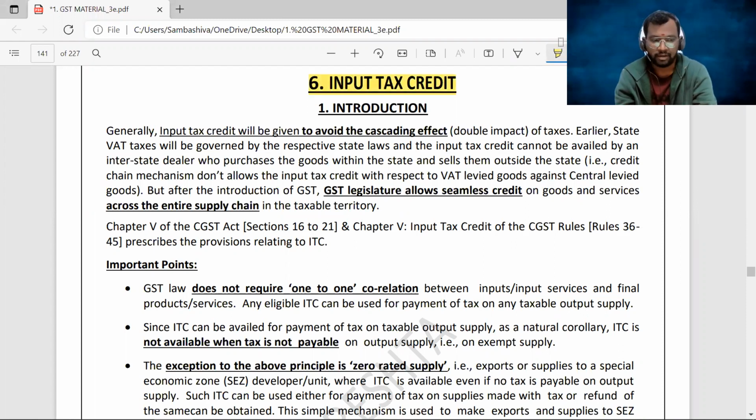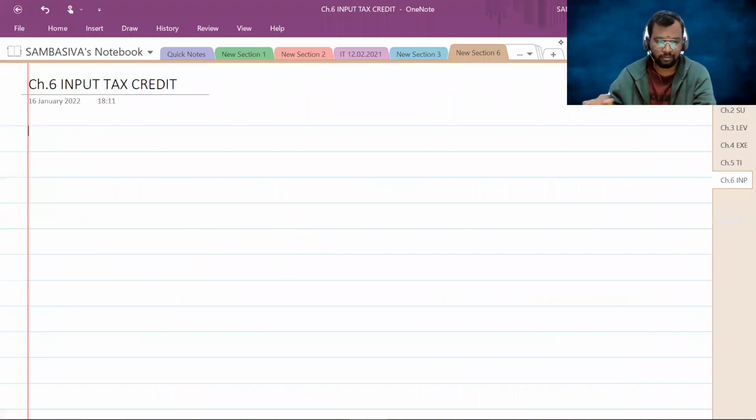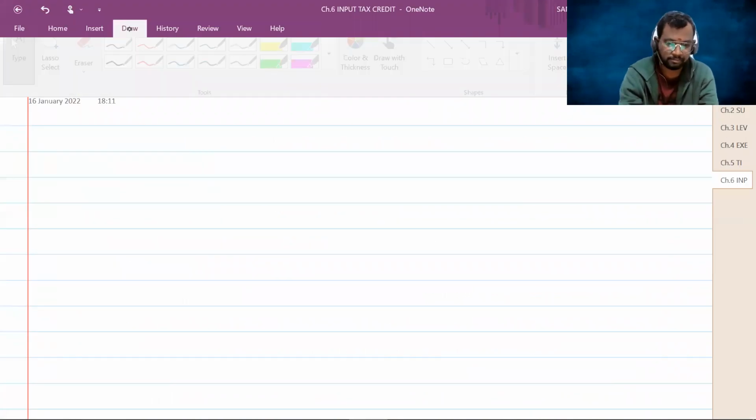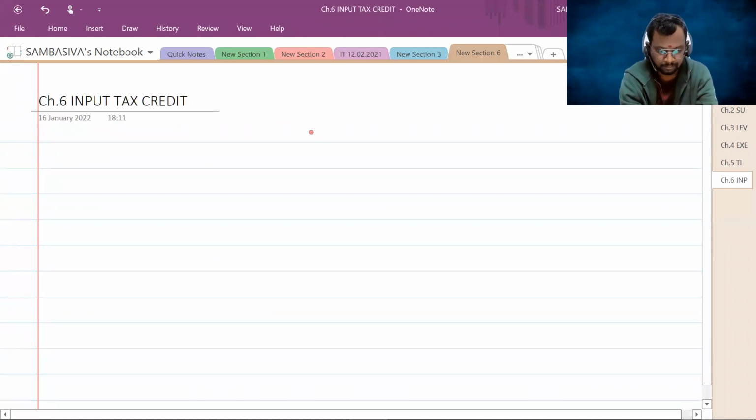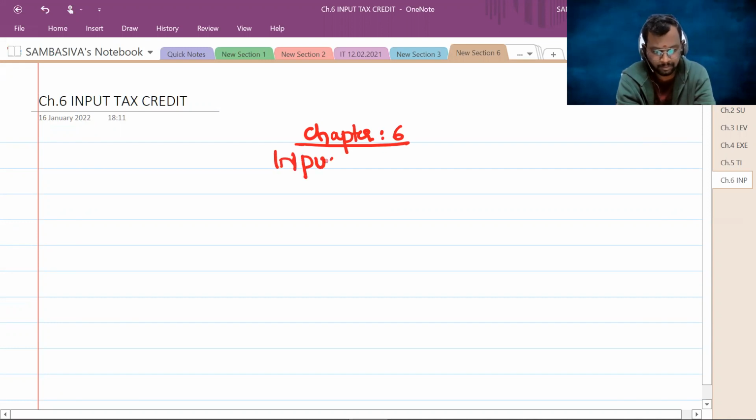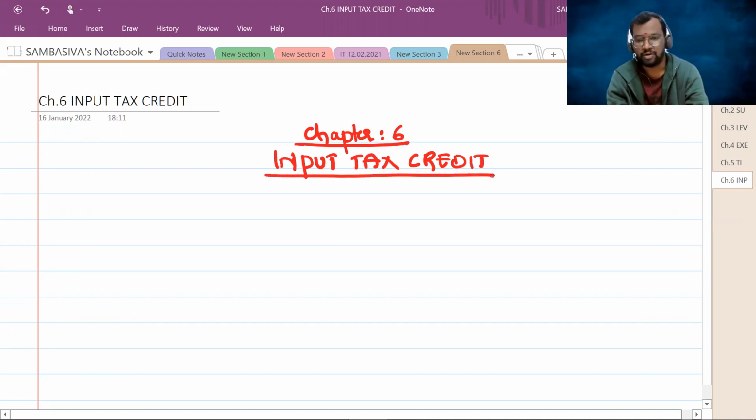Everyone, start on a fresh page and put the main heading, input tax credit, chapter number 6.